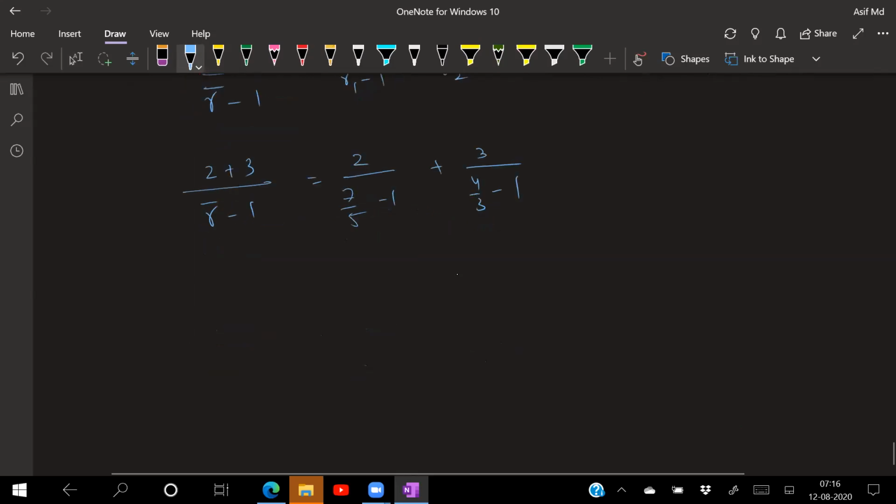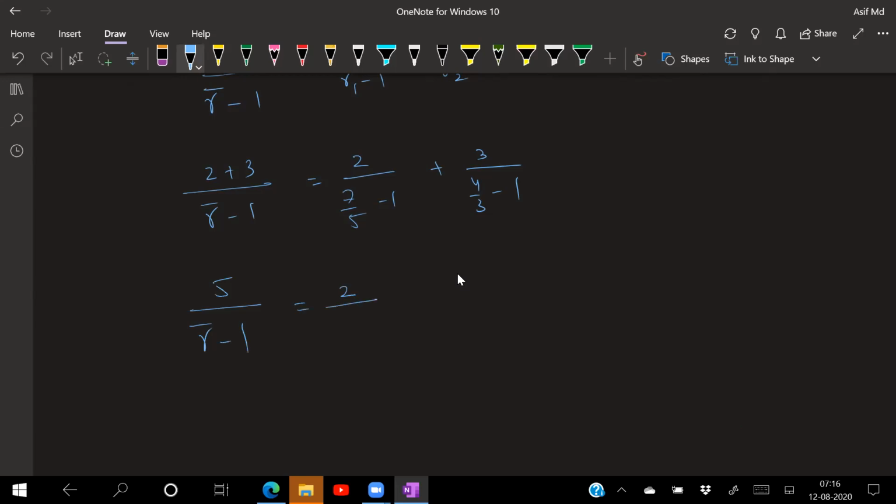So 2 plus 3 is 5. So it is 5 by (gamma of mixture minus 1) is equal to 2 divided by (7 by 5 minus 1). That means 7 minus 5 is 2, so that is 2 by 5, plus 3 divided by (4 by 3 minus 1), the LCM is 3, so 4 minus 3 is 1 by 3. This will become 5 2s are 10, so 10 by 2, that is 5, and 9 plus 9.